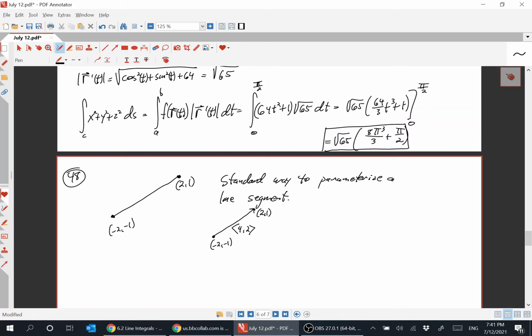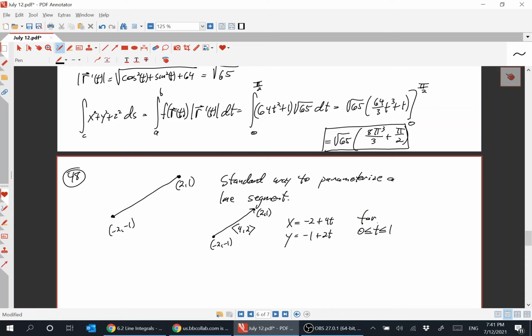If I parameterize like this, the parametric equations of the line: pick the tail point, so the tail is -2 for x, -1 for y, plus t times the vector, and t is just from 0 to 1.